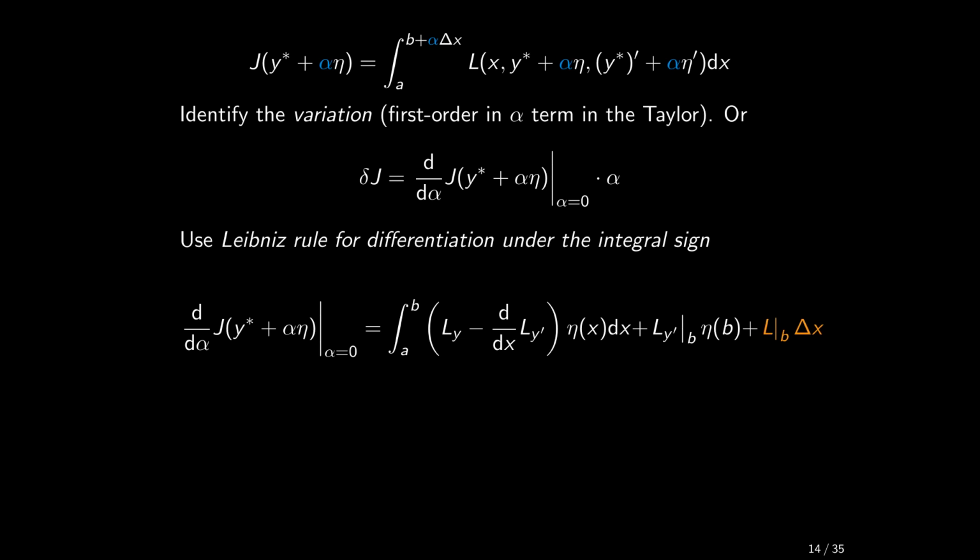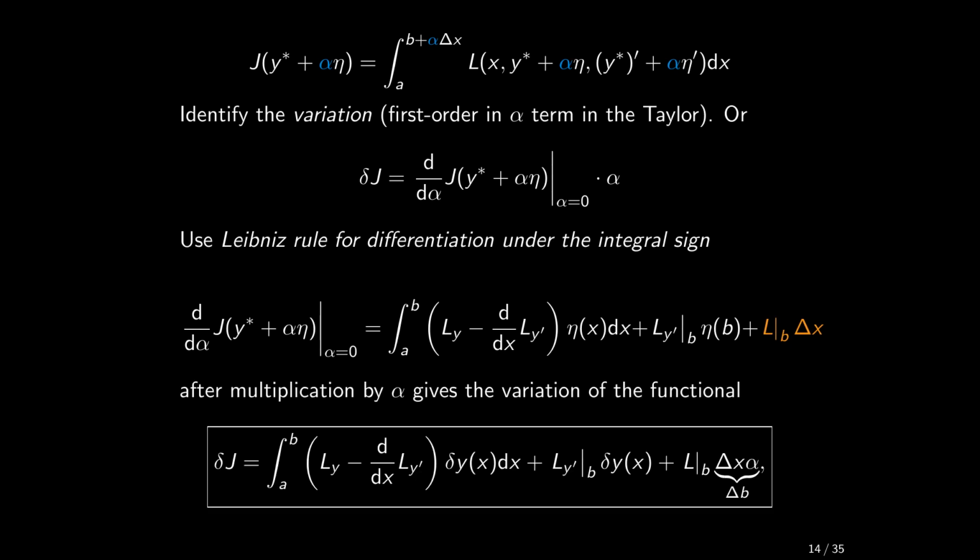What is brand new here is the third term, L evaluated at b times delta x. Now remember that we define the variation as a product of this derivative and alpha. Therefore we do the multiplication and get the variation of J. Once again, three terms. Two are already familiar. The last one, L at b times delta b, is new.